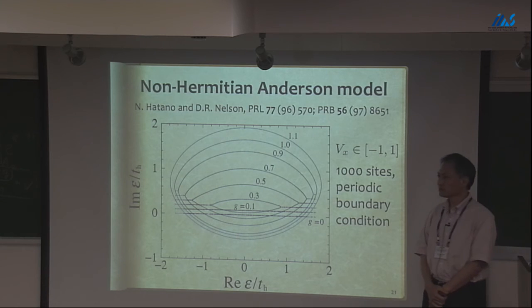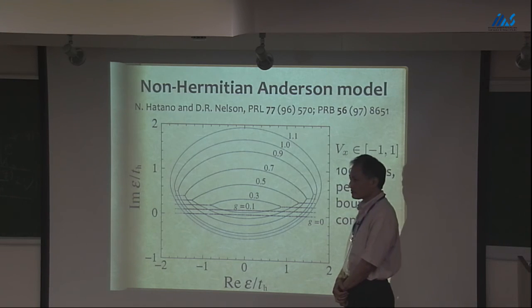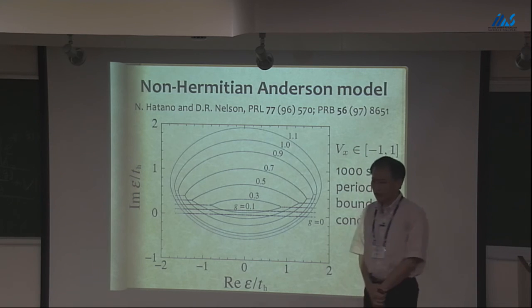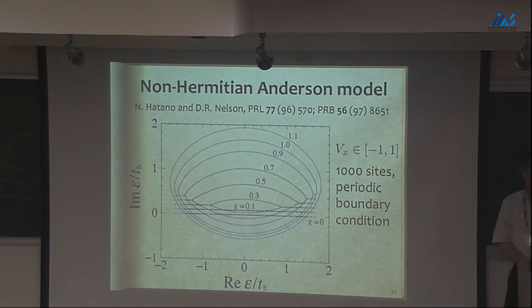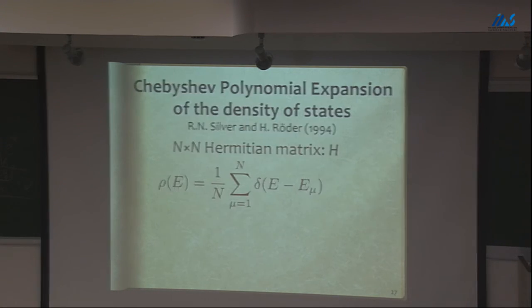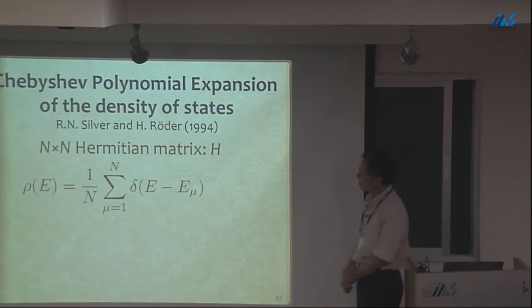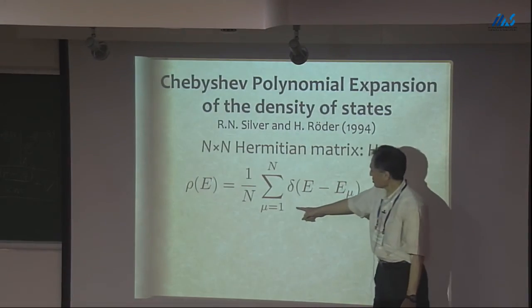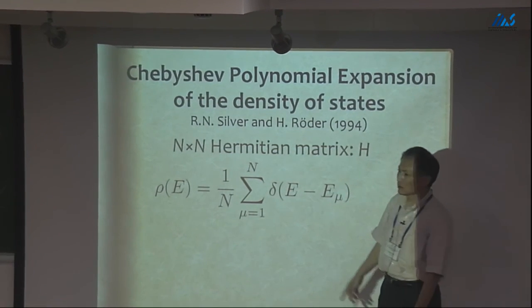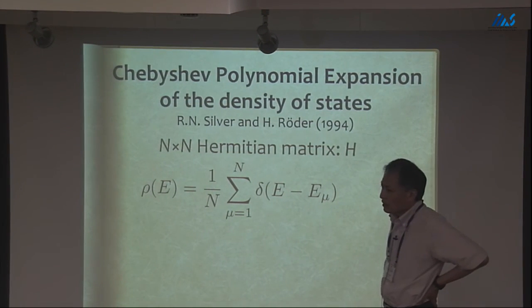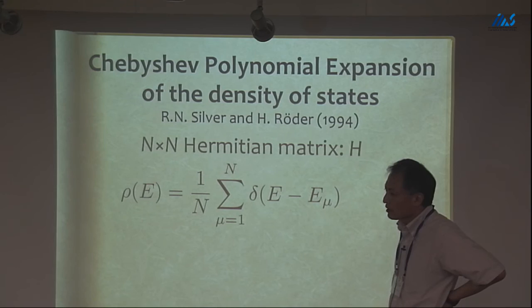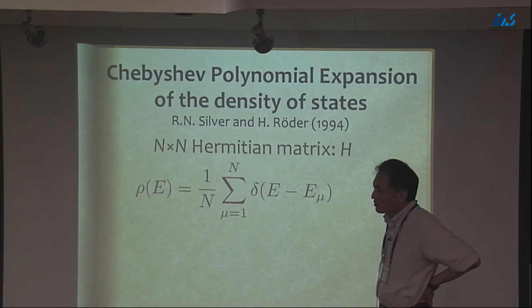When you expanded the density of states as a sum of delta functions, you didn't allow for degeneracy. No, if there's a degeneracy, I think it works fine. But if the eigenvalues repeat, how do you take into account the eigenvalues that might be degenerate when you do the Chebyshev analysis?